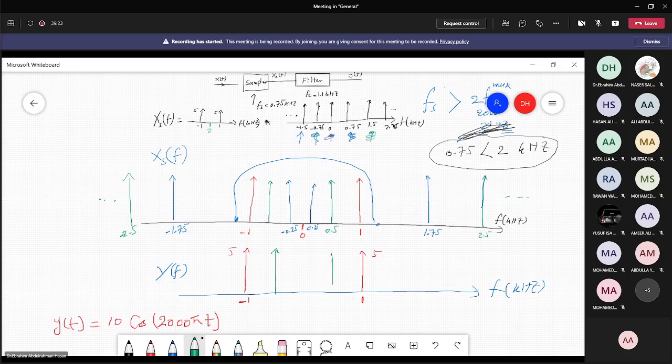Also, I will get this and this, which is at 0.5 and minus 0.5. So this 2, again, this is 5, this is 5. So then this is a plus 5, again 10, cosine 2 pi multiplied by 500, which is 1000 pi t. Also, we will get this.